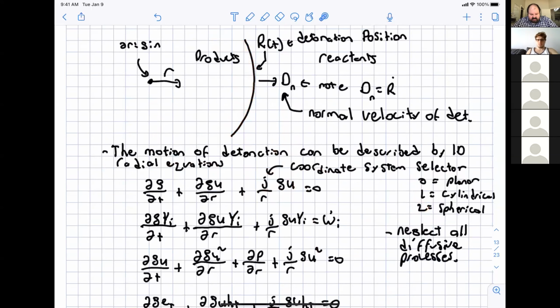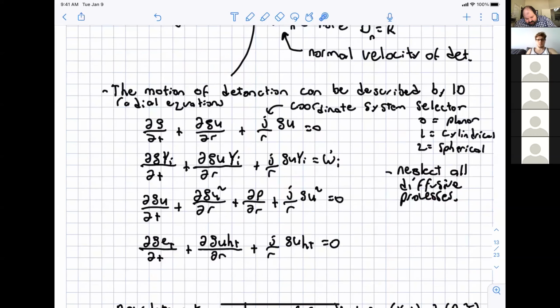The properties of the detonation are the same along this ray, and the same along that ray, and that ray, and that ray too. So they are identical, and this allows us to study these in 1D.